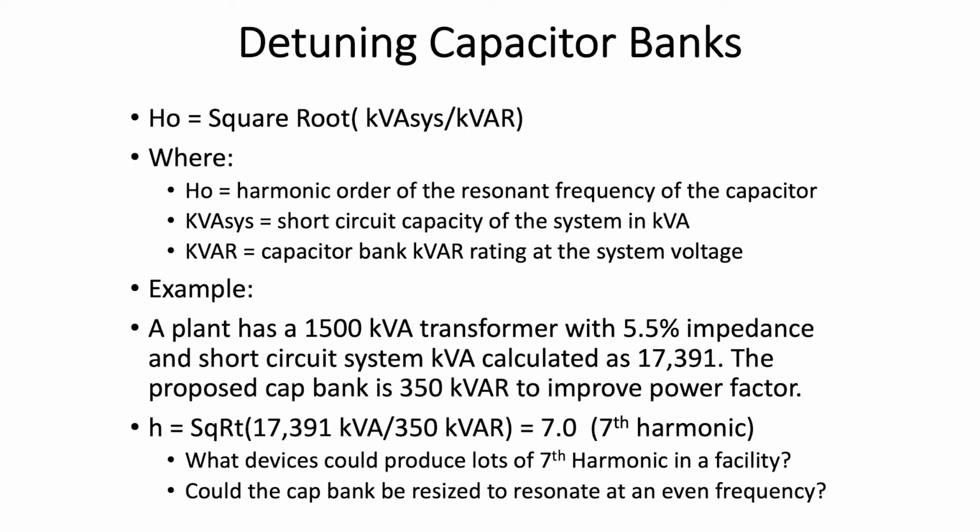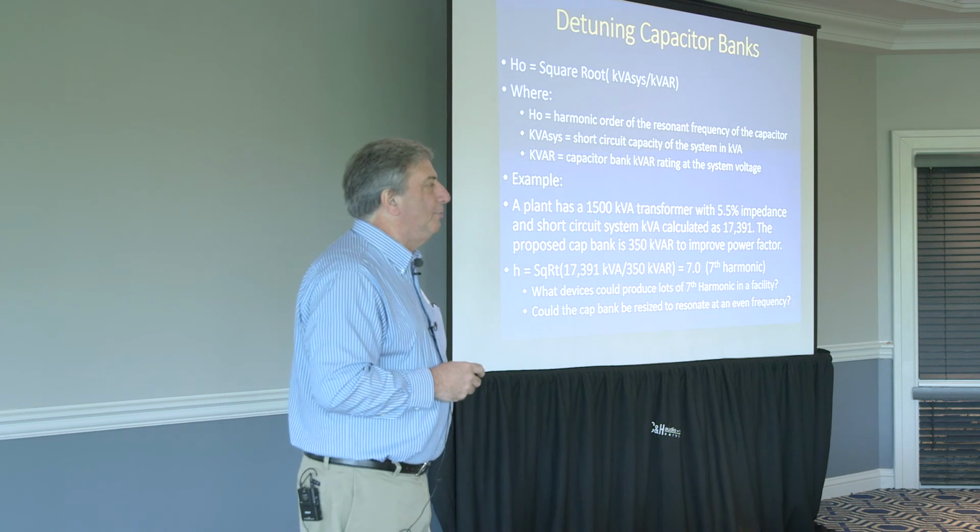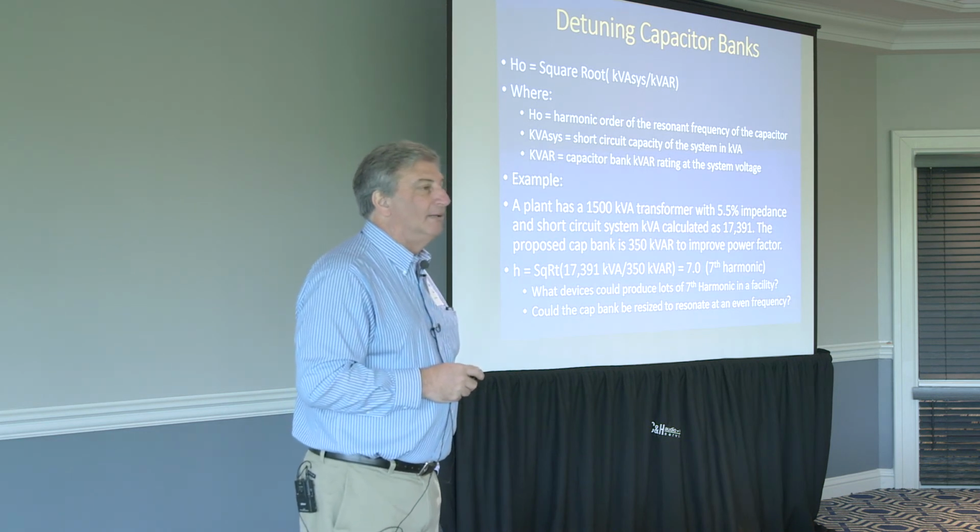We have a 350 kVAR cap bank that our consultant is proposing we install for power factor correction. I run the numbers through, the square root of 17,391 divided by 350, and that comes out perfectly at the 7th harmonic frequency. What is one of the two biggest frequencies from a VFD?